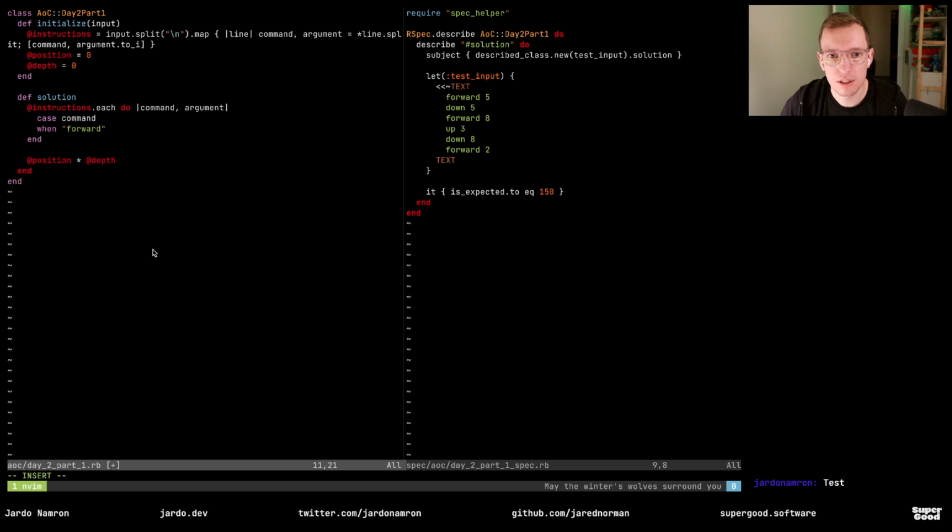Forward, then position plus equals argument. When command is down, then position plus equals argument, and then when up, that's not position, that's depth, and then depth minus equals argument, I think.